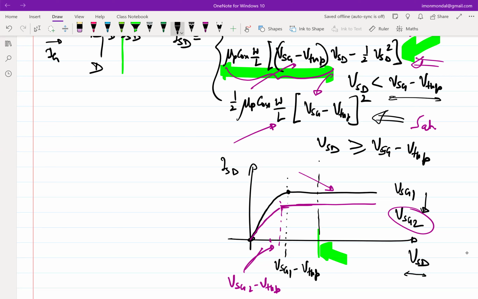Naturally, you see there is an issue. If I choose to bias the transistor at a higher current, which means I'm choosing the black curve, you will run into the problem of a smaller range of operating conditions for which the transistor is going to operate in the saturation region.